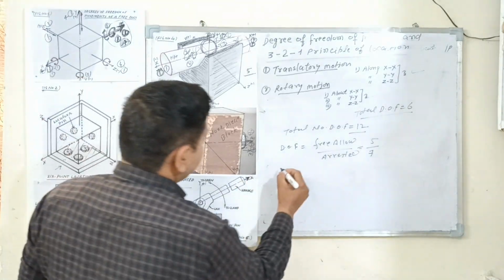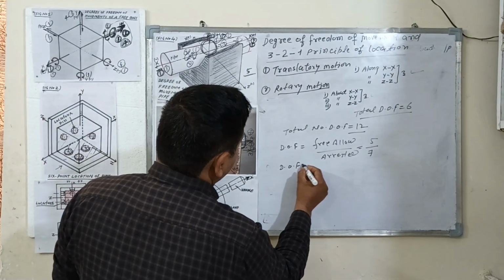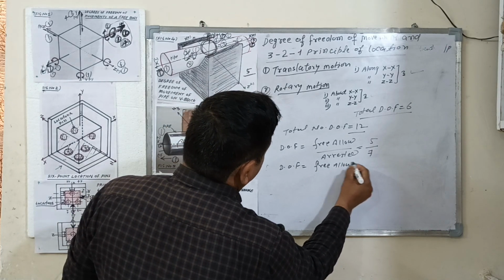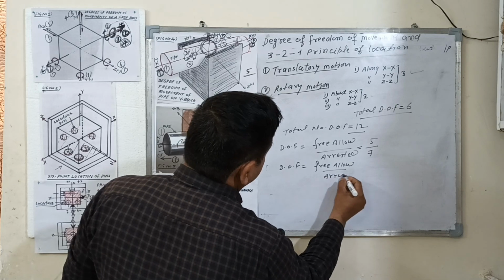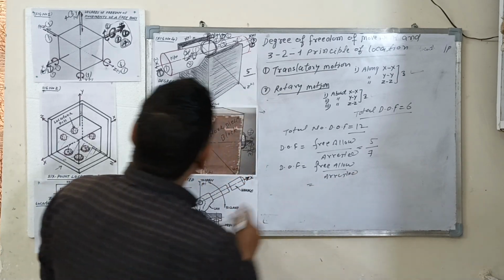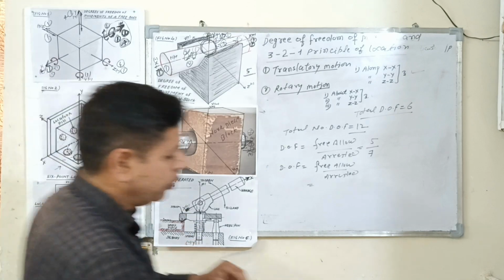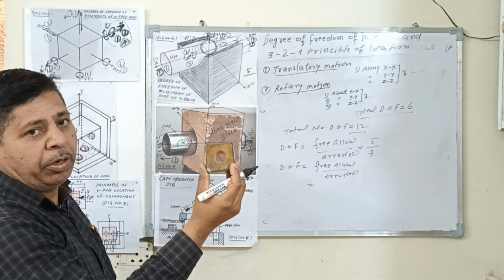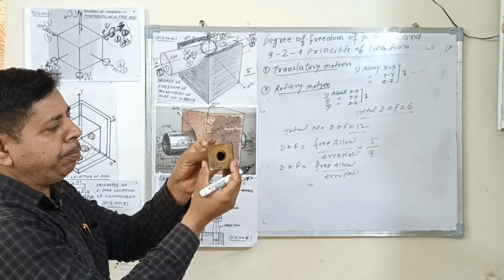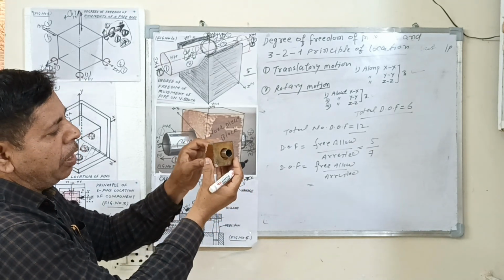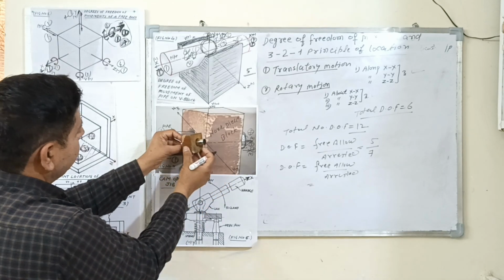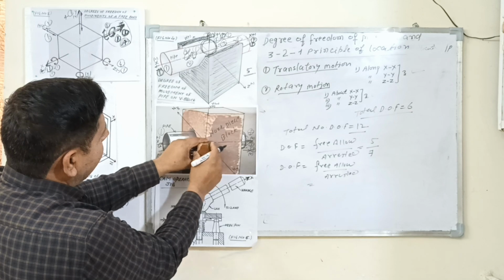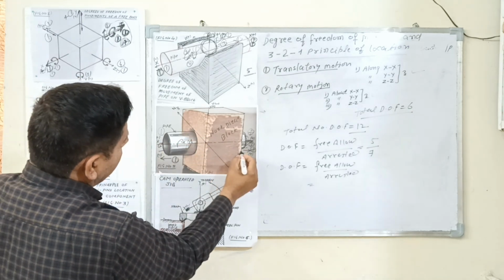Second case, free allow upon arrested. Second case, this is a block having a hole at the center. The circular pipe moves in this direction along the x-axis, so the pipe moves along the x-axis.